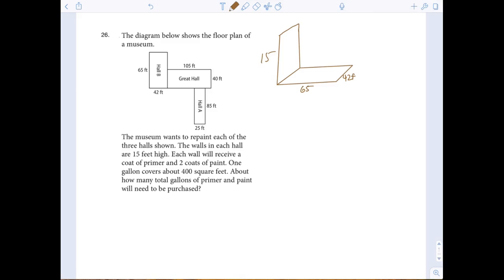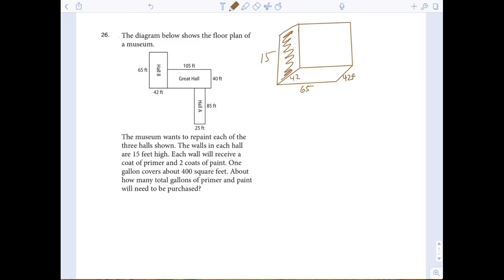Now, do I paint the floor? Do I paint the ceiling? No, I only paint the walls, right? So if I were going to paint the wall, what would be the area of this wall right here? What dimensions am I using? Yeah, 630. How many walls are 630? 2, right?